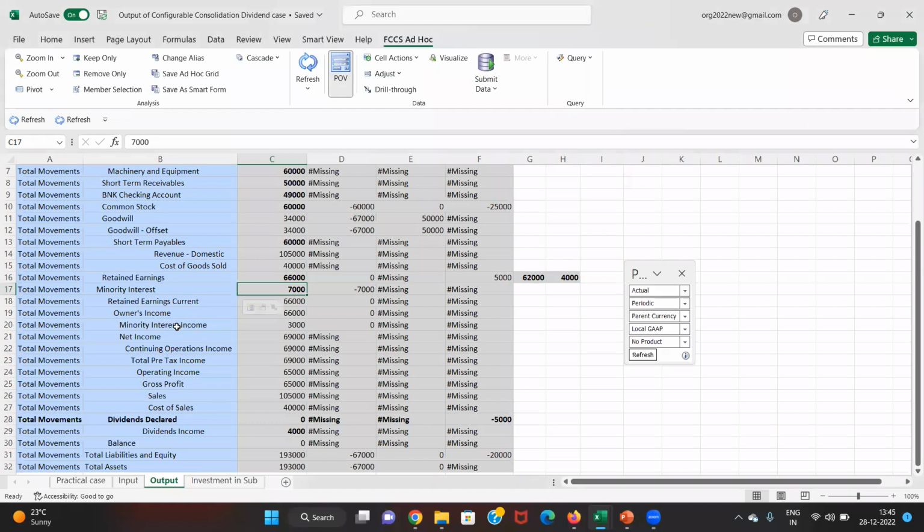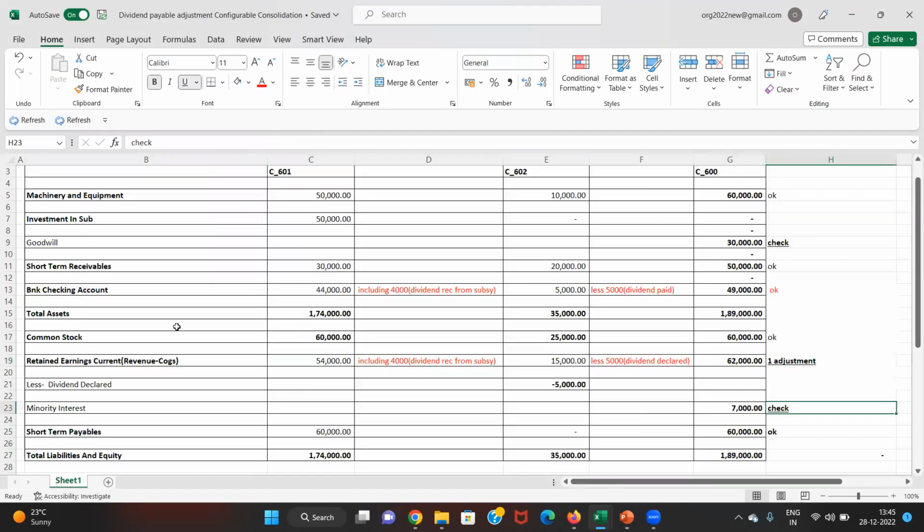Minority is fine, the minority is 7,000. Minority is okay because it is not getting impacted by the retained earnings. Dividend is received in the accounts of the NCI shareholders, the non-controlling interest shareholders. They do not get rolled up in the books of the holding. So that balance of minority of 7,000 is fine.